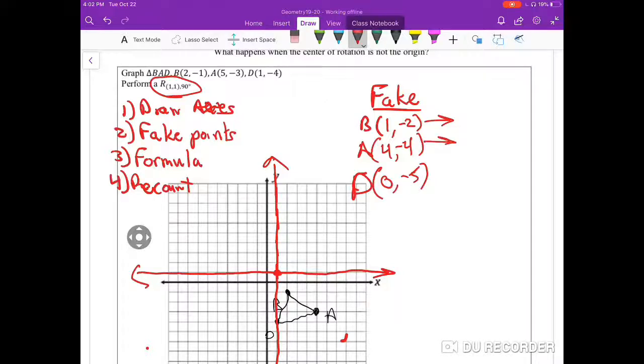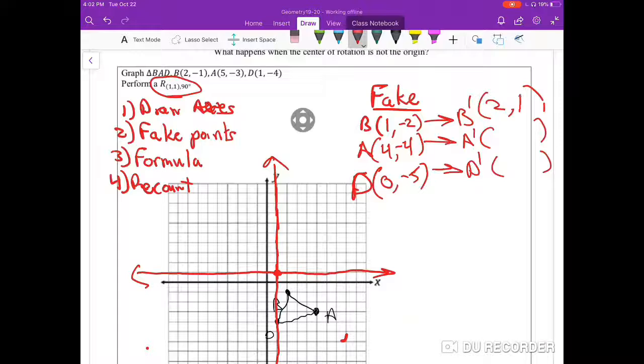Then what I'm going to do is, since I'm creating a new set of axes here, this red point is my origin, and I'm rotating around this red point. So I can use the rotation of 90 formula, which we know is to switch these coordinates and negate the first one. So my B prime, my A prime, and my D prime here, I would have 2, 1, 4, 4, and 5, 0.